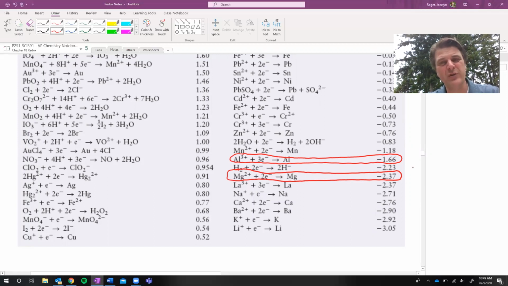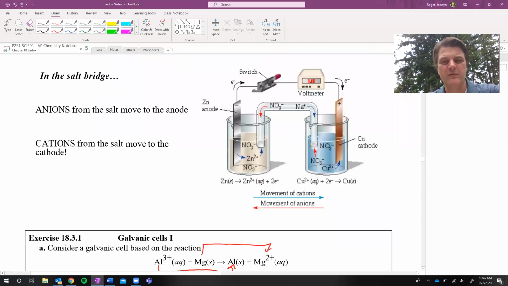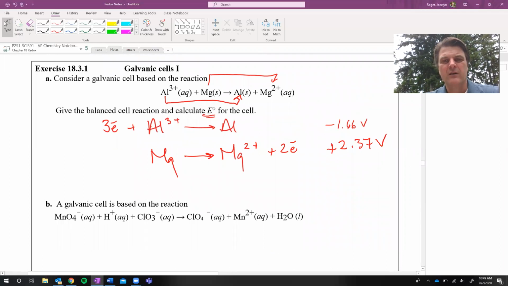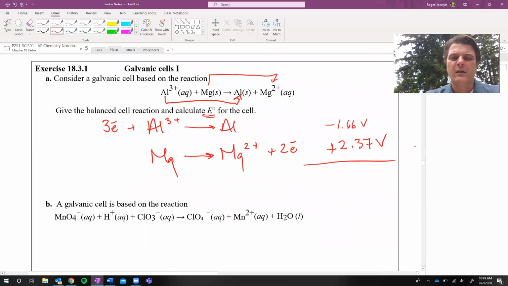Negative 2.37 for the reduction is positive 2.37 for the oxidation. And all we have to do is add the two halves, and this is going to give us the overall voltage of the cell.